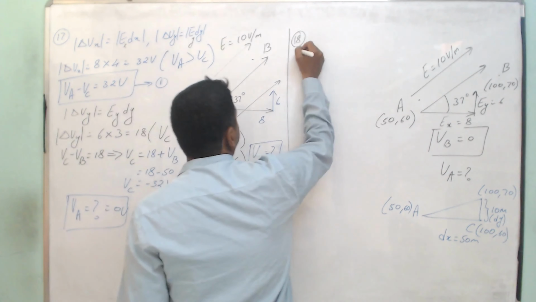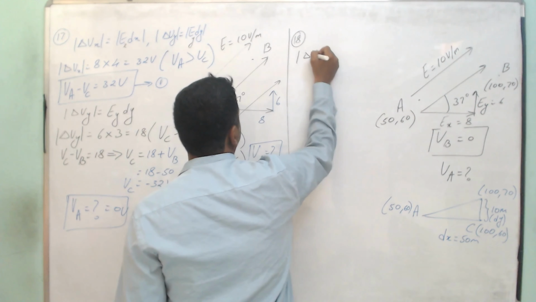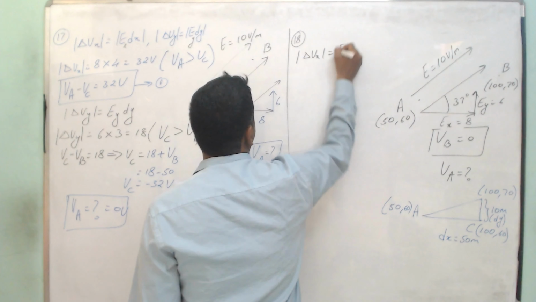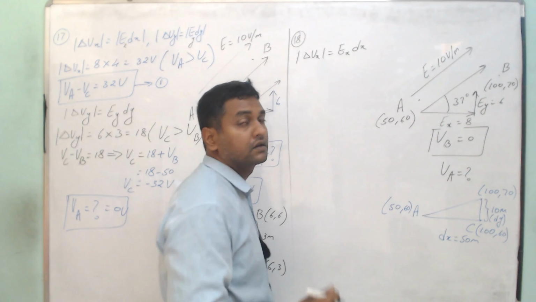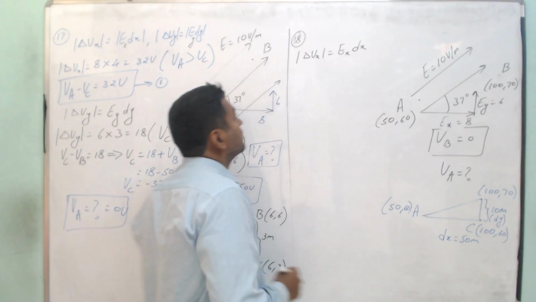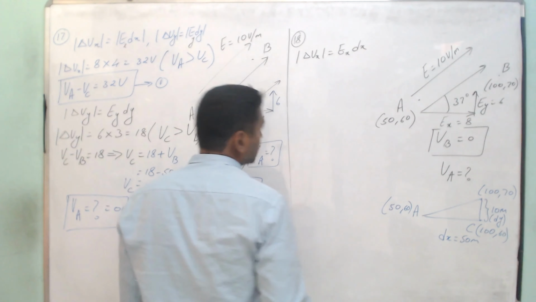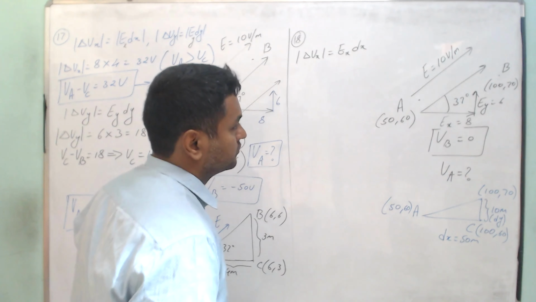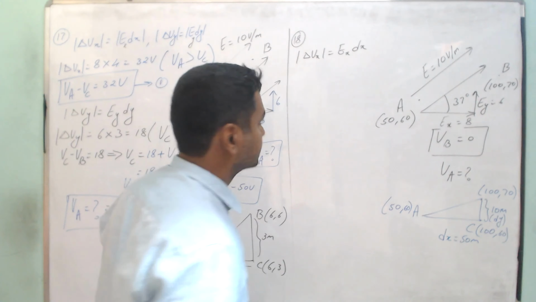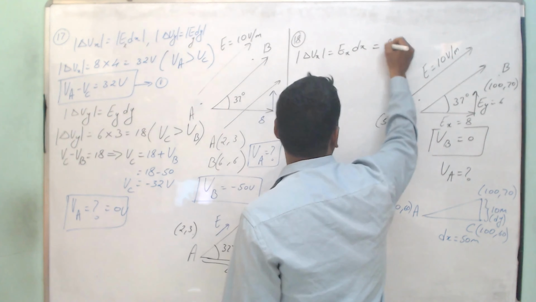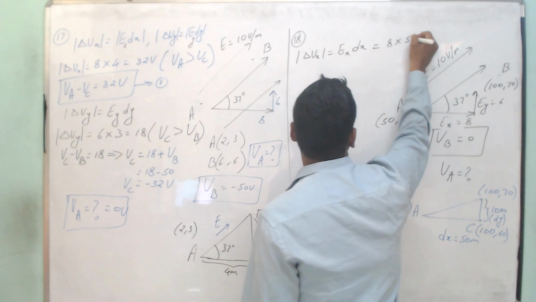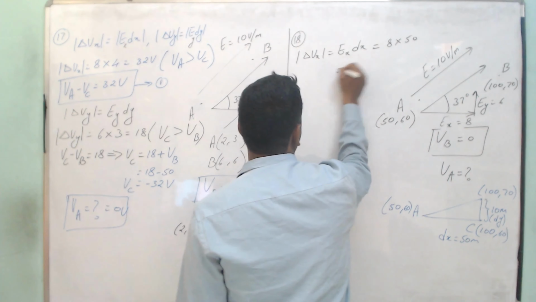Magnitude of delta Vx is equal to Ex into dx. Correct? So what is Ex into dx? 8 into 50, which is 400.